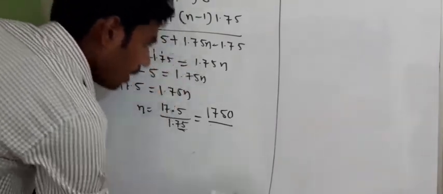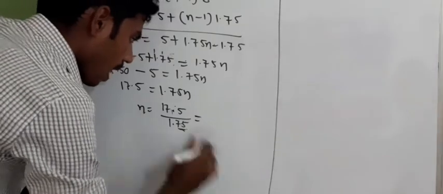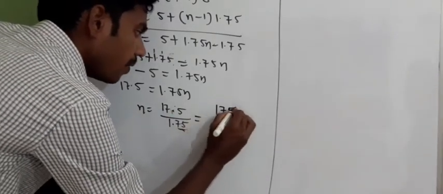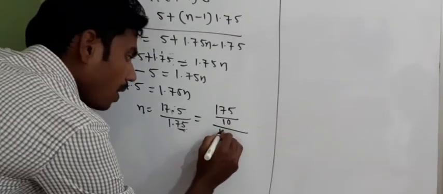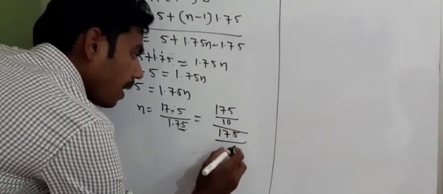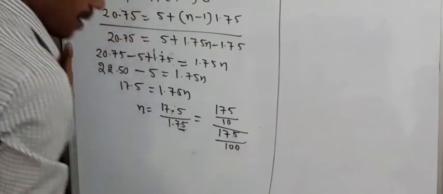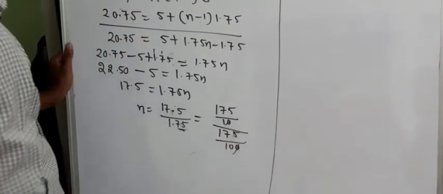Or else if you are not able to understand, I can write this as 175 divided by 10, and this as 175 divided by 100. The 10s will get cancelled.